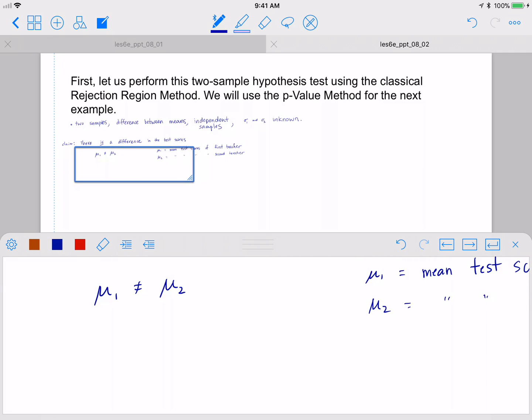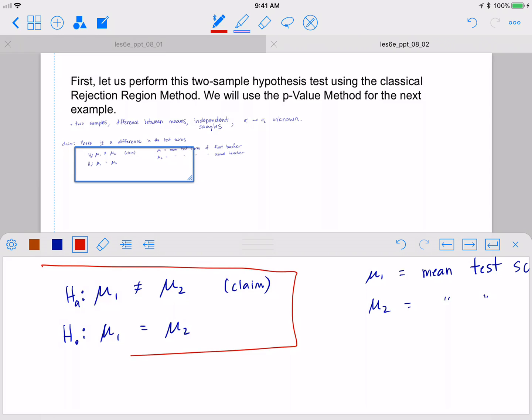So pretty straightforward. So we've got our claim. We write the complement, which is going to be mu1 is equal to mu2. And the last thing we do is we figure out which statement is our null and which is our alternative hypothesis. All right. So this is our setup.